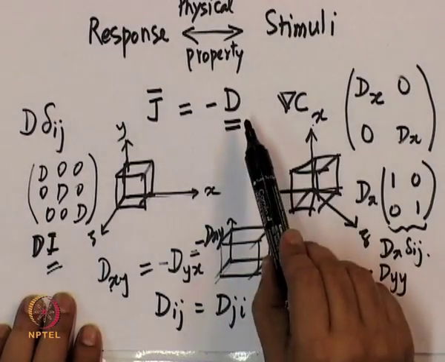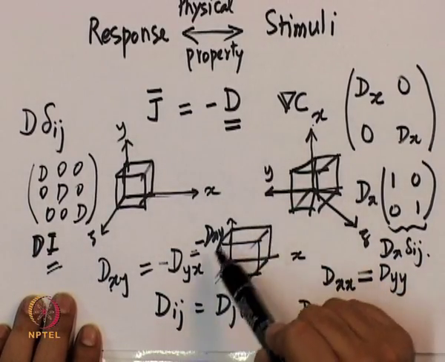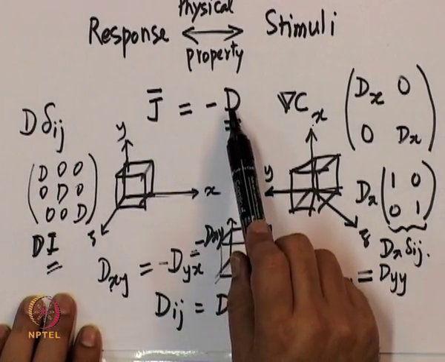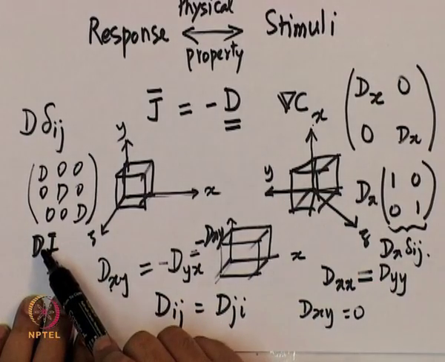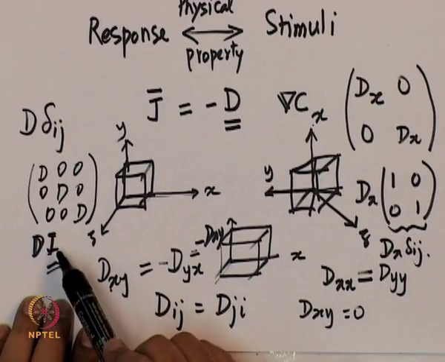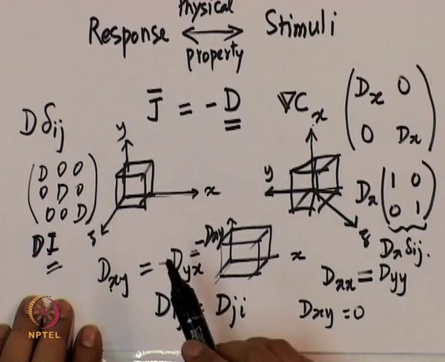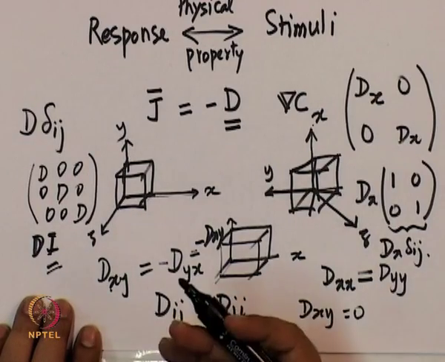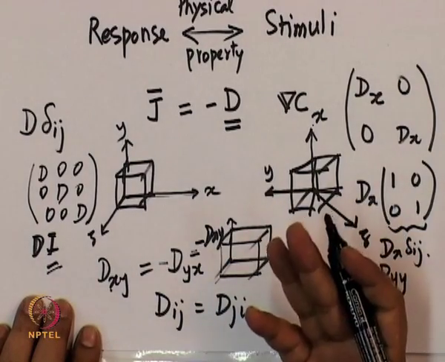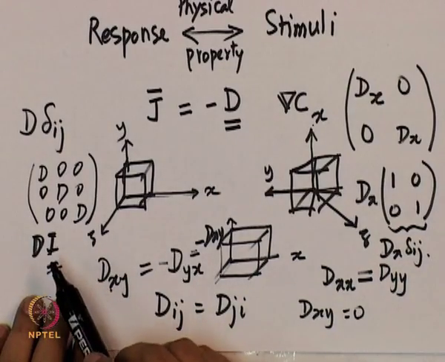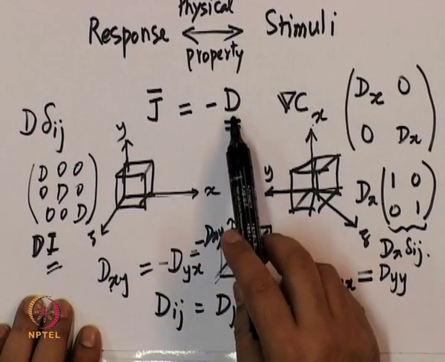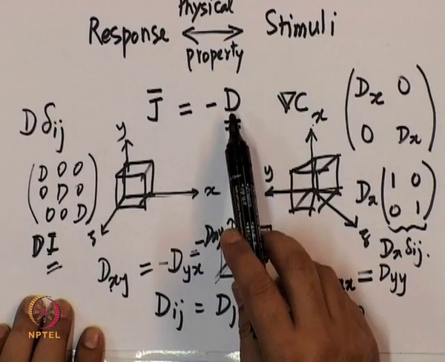So, that means in a cubic system, the second rank tensor, namely diffusivity, has become isotropic, because delta ij, this I, the identity matrix, is basically such that any operation that you do is going to remain the same. So, nothing is going to happen to it. So, that means we have proved that for a cubic crystal, the second rank tensor will be isotropic.